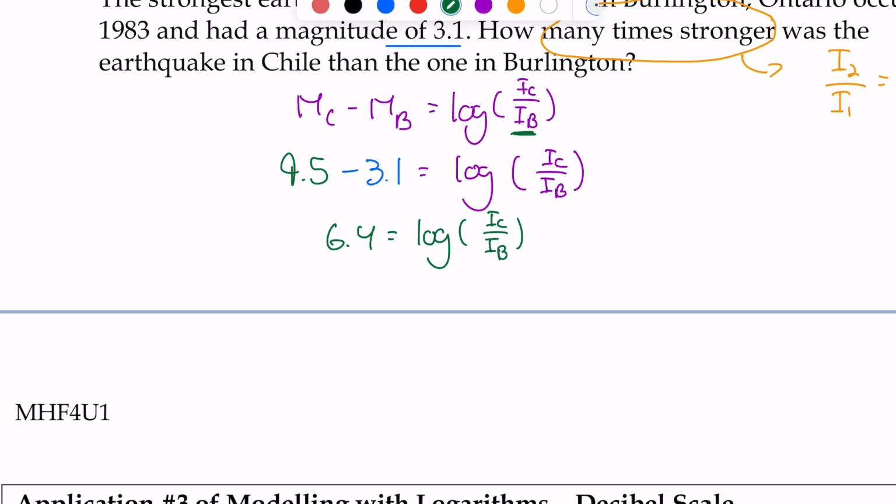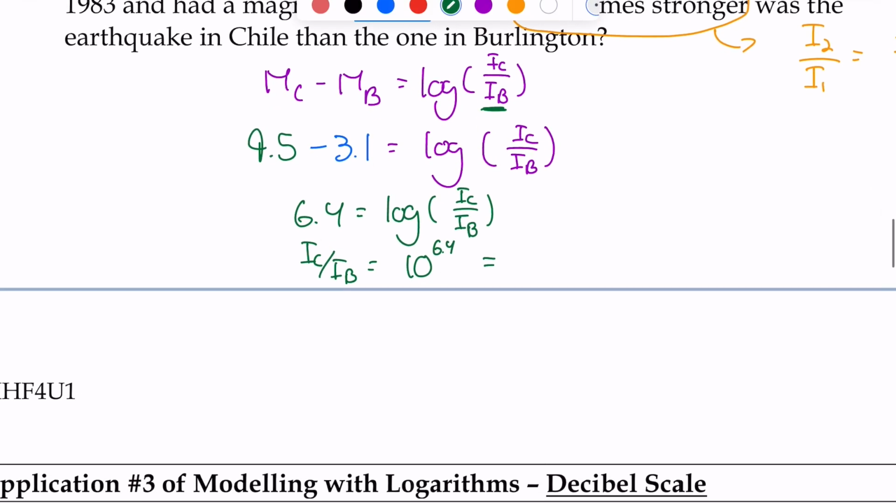So the ratio of intensities IC over IB is just 10 to the 6.4. And if we calculate what that is equal to, that is 10 to the 6.4, 2,511,886.4 times greater. So quite significant.